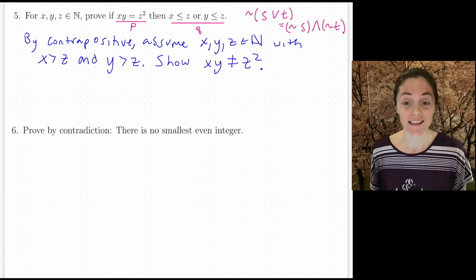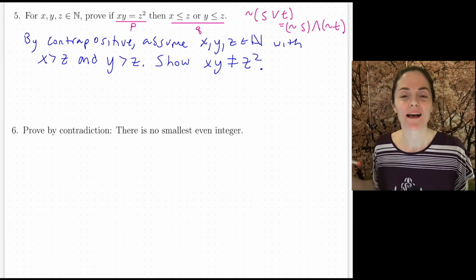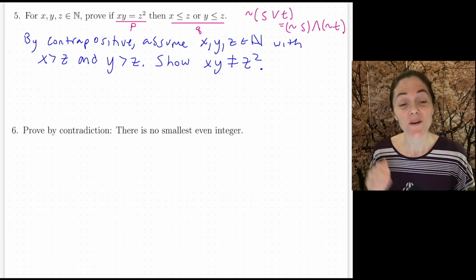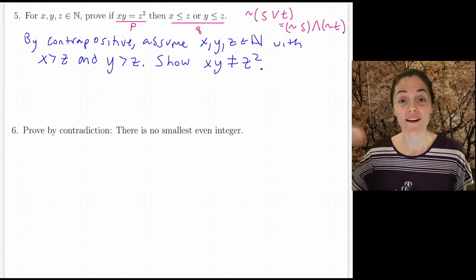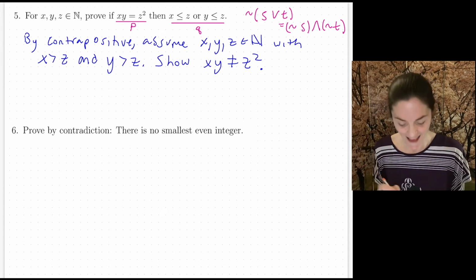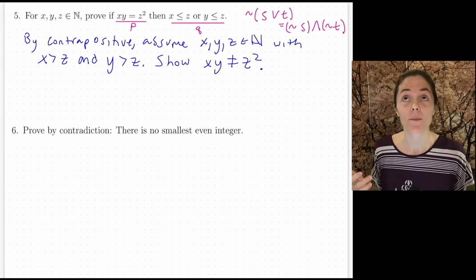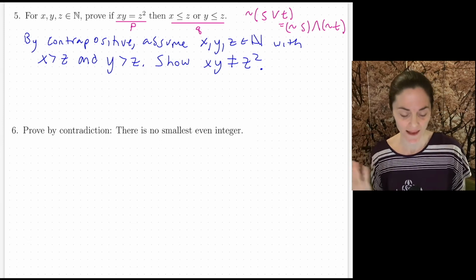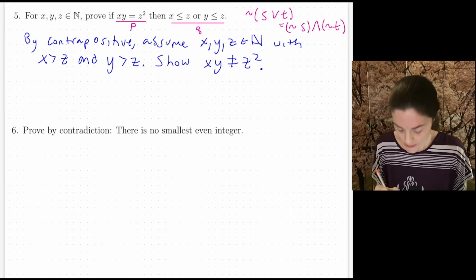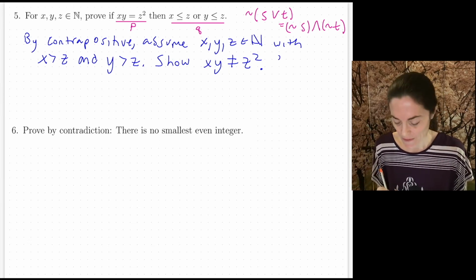This is exactly not Q implies not P. Well, x, y, z are natural numbers, meaning they are positive. When you multiply an inequality on each side by a positive number, it does not switch the way the inequality goes. So let's use this now.